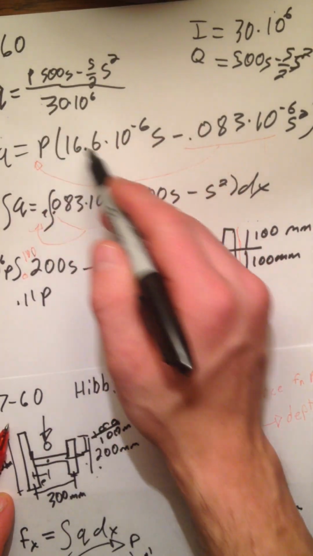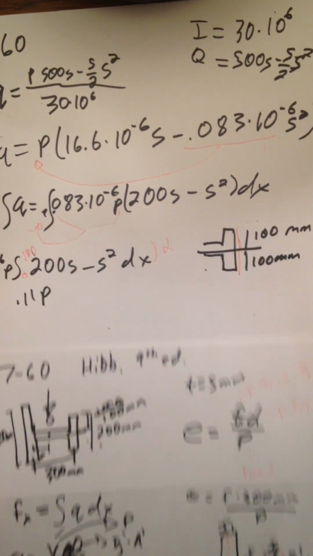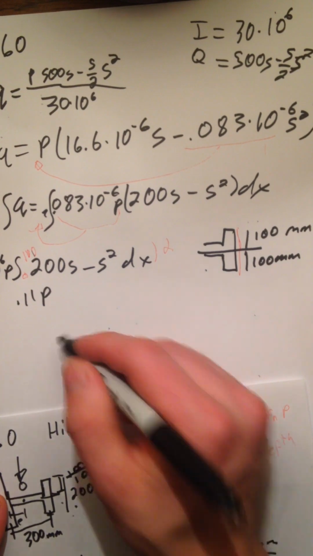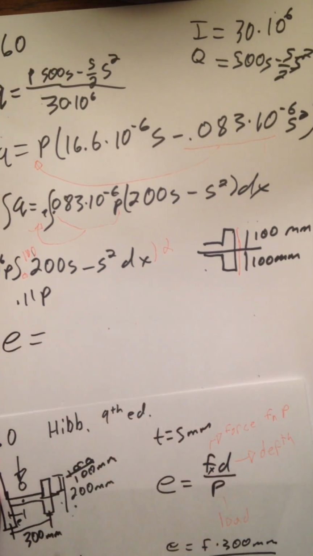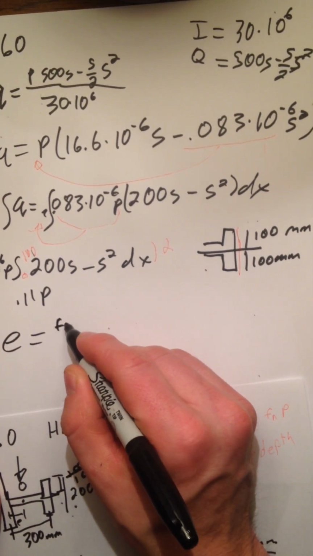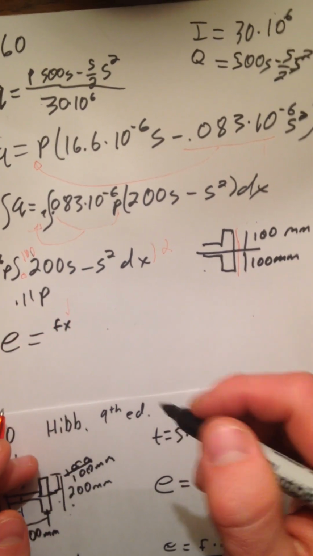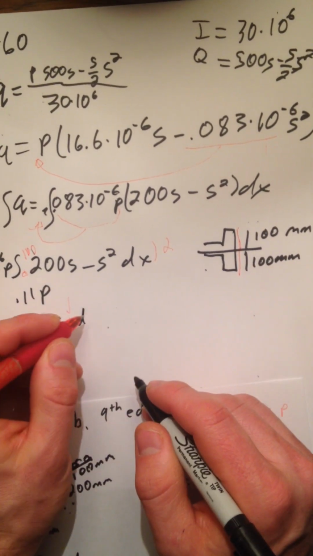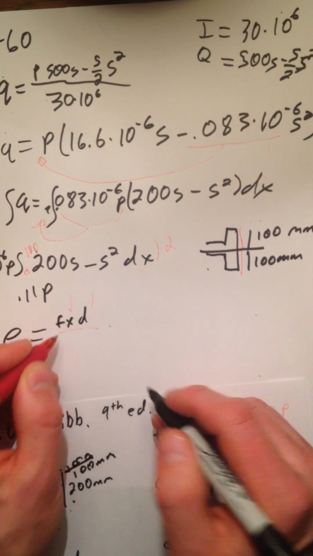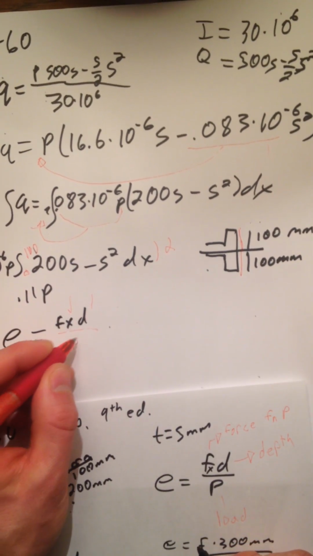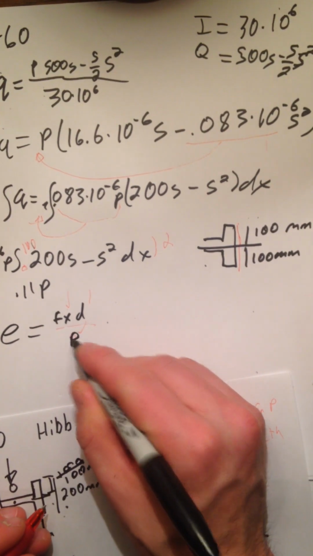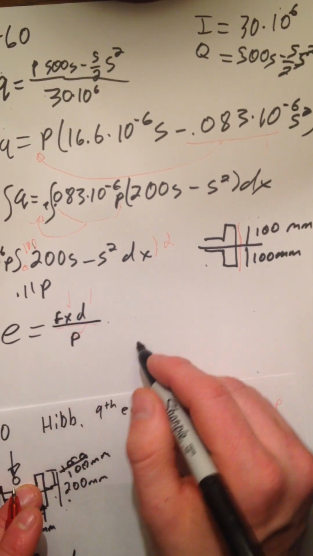We solved for this fx equals q. So now we go back to that original e equation. Fx, we have it. d, we have it. And P, we also have it.